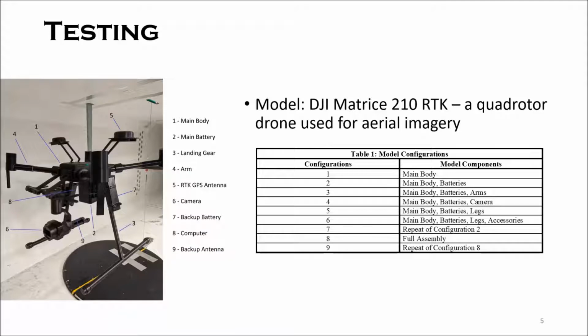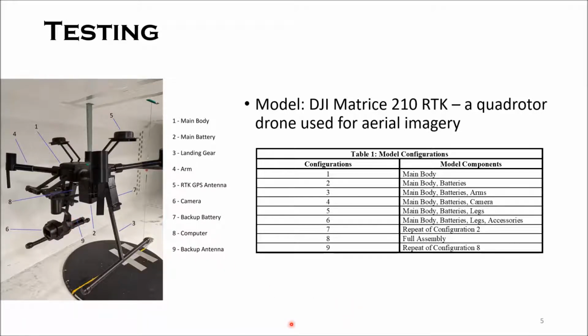The image on the left shows the full assembly of the model consisting of 3D printed parts and wooden components. As labeled in the figure, the model components included the main body, the main battery, 2 landing gear, 4 arms, the RTK GPS antennae, the camera, the backup battery, the computer on the side, and a backup antenna.